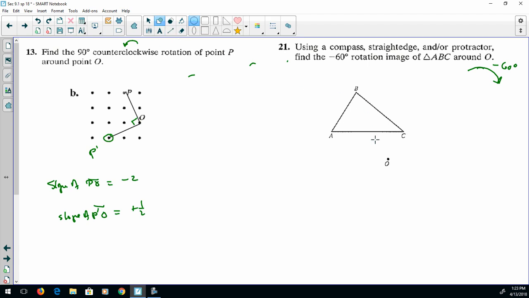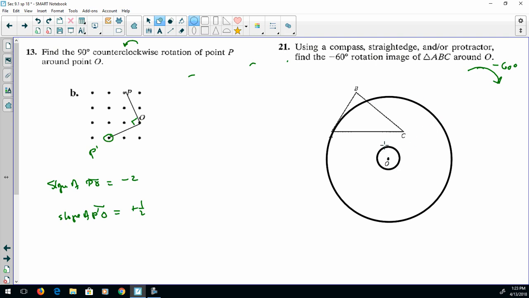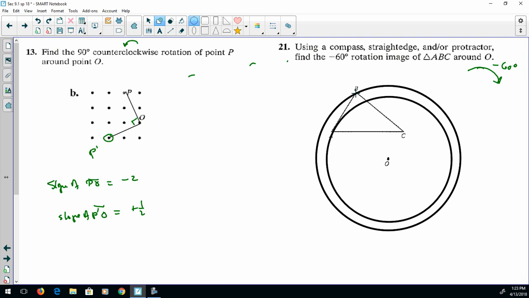So wherever my new A is, it's going to be on this circle. I'm going to draw the circle through point B. So wherever my new B is, it's going to be on the circle, because rotating doesn't make them go any further away. And draw the circle centered at the point for C. And wherever the new C is, it's going to be on this little circle.